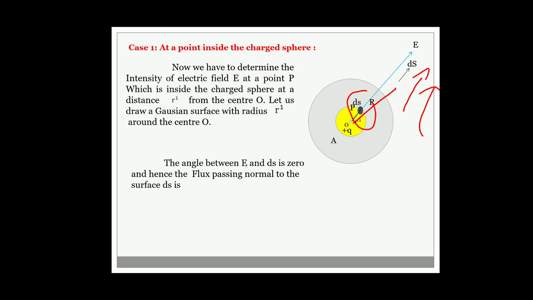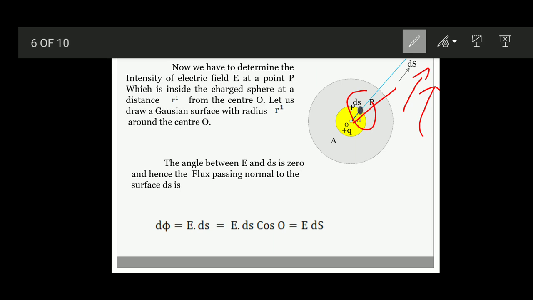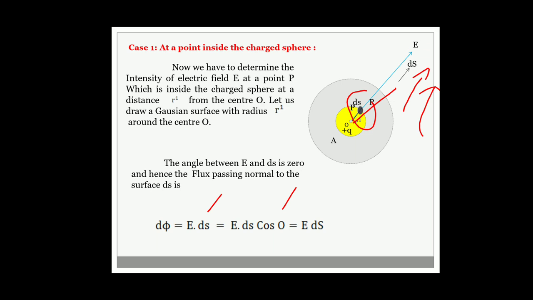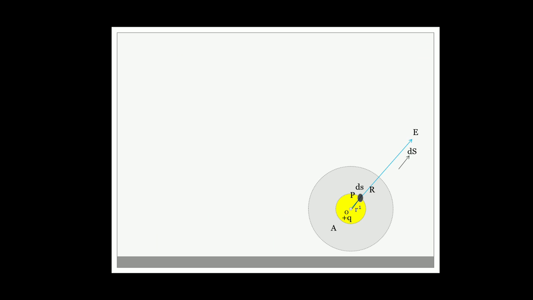The electric flux passing normal to the surface area ds, that is d phi, is equal to E dot ds. But we know E and ds are along the same direction, so the angle is 0, so E ds cos 0 is equal to E ds.